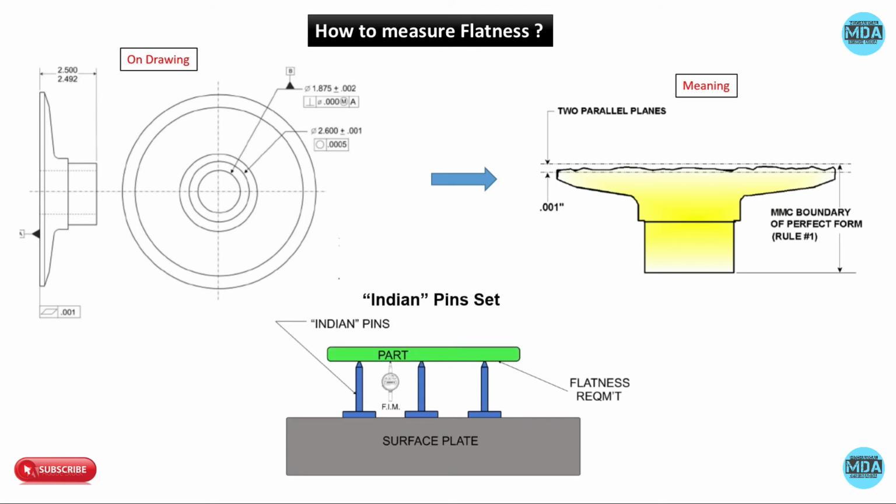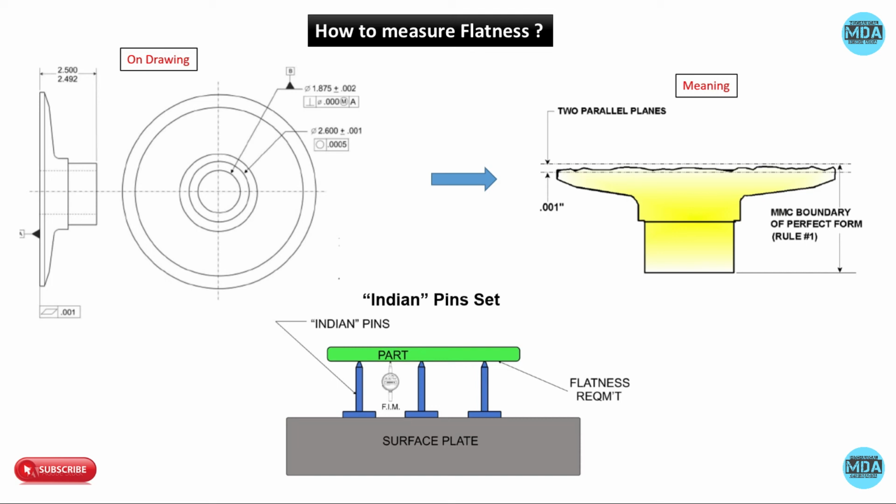We can measure the flatness with the help of the Indian pin set method. You already know that from 3 points we will get a plane. So here indirectly we are getting the plane surface. From the 3 points we get the plane by using 3 pins which have equal height.